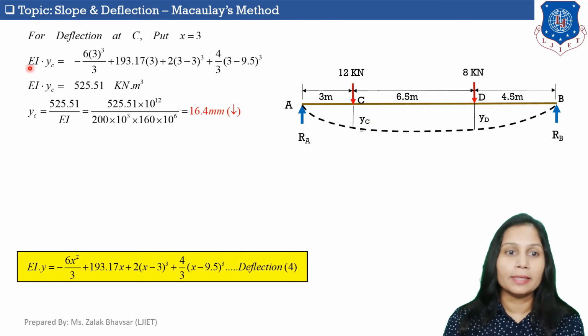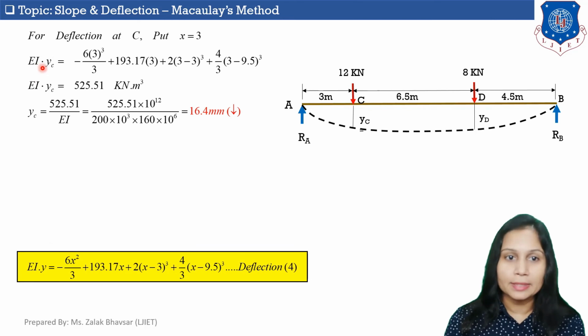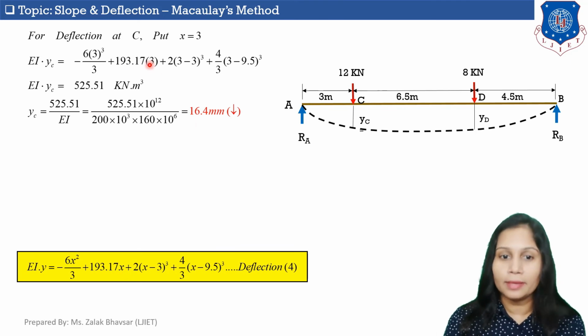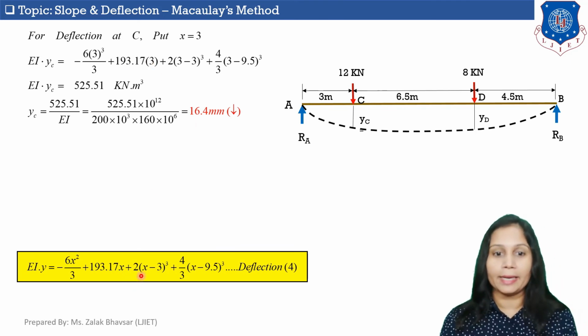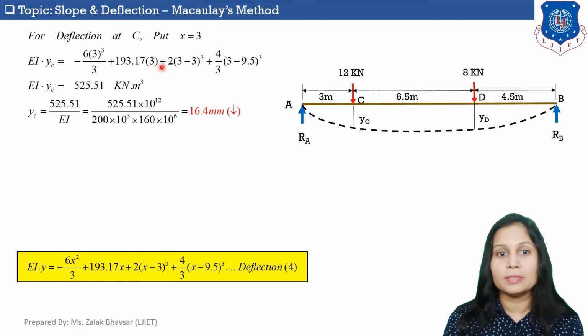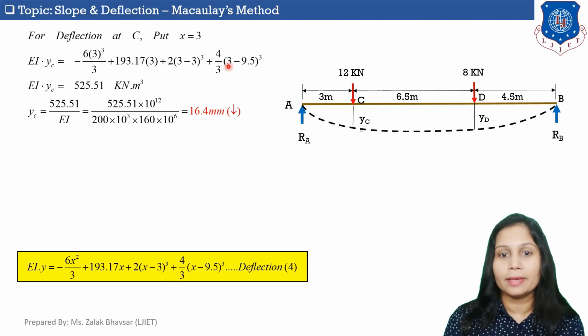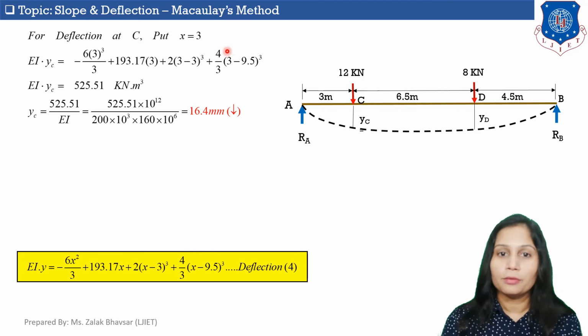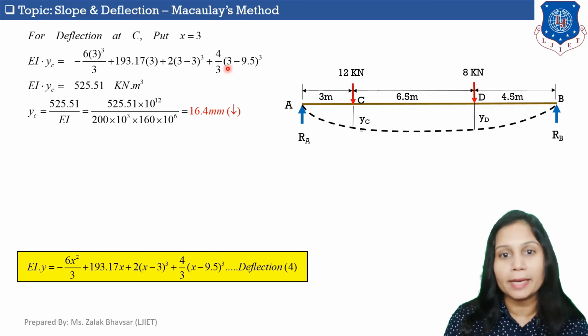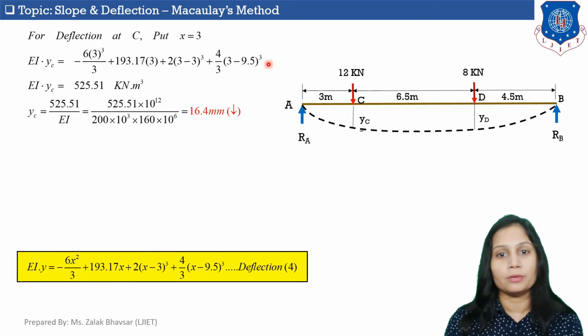So we can say that EI into YC is equal to minus 6, x is 3 square by 3 plus 193.17 into x is 3 plus 2 in bracket x minus 3 cube, which is 2 in bracket 3 minus 3 cube plus 4 by 3 in bracket x minus 9.5 cube, which is equal to 4 by 3 in bracket 3 minus 9.5 cube.